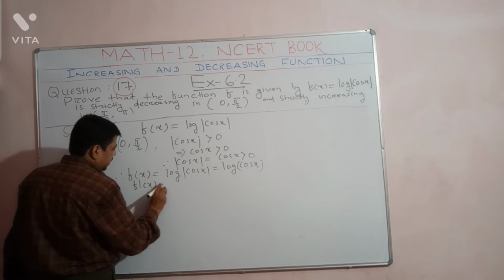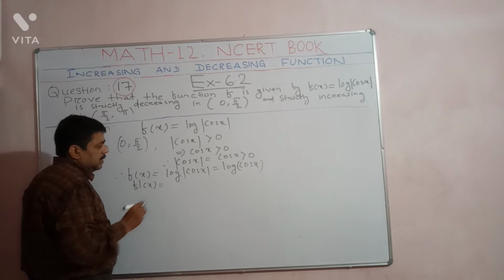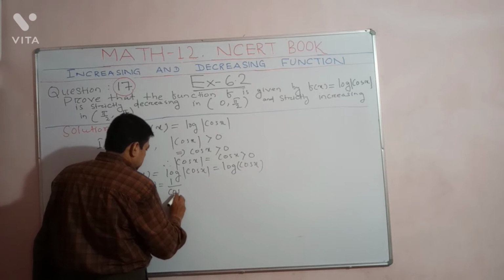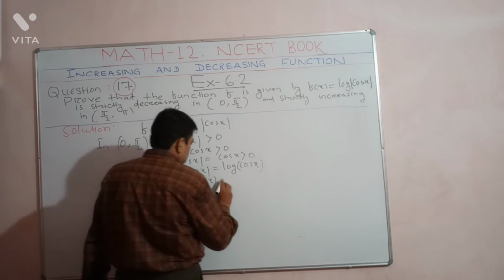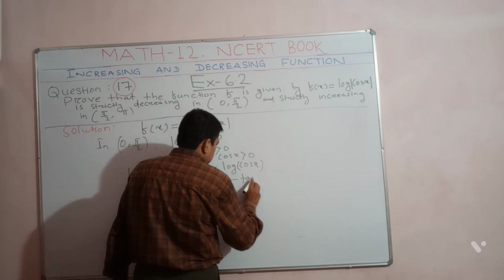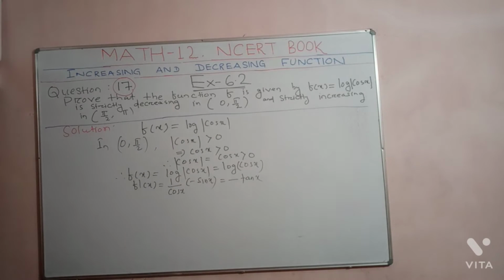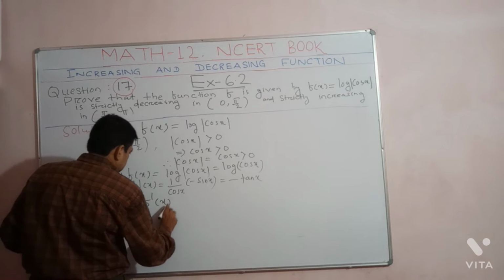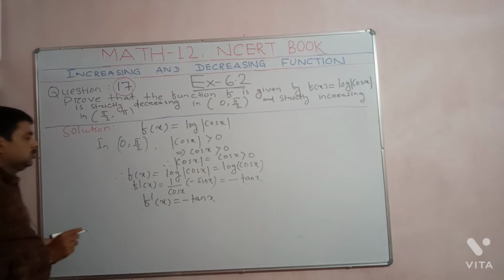Now let us find the derivative of the function, in order to find the increasing and decreasing behaviour. So the derivative of f(x), f dash x, is the derivative of log cos x. Derivative of log cos x is 1 upon cos x, and derivative of cos x is minus sin x, which is equal to minus sin x by cos x, which is equal to minus tan x. Understand? Okay. So we got f dash x is equal to minus tan x. Understand or not? Okay.